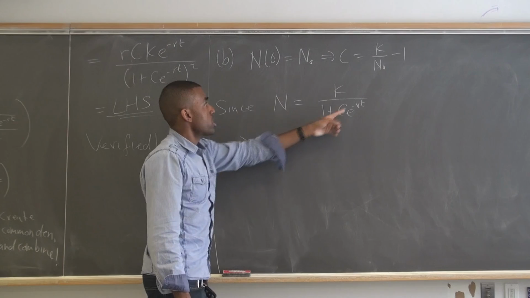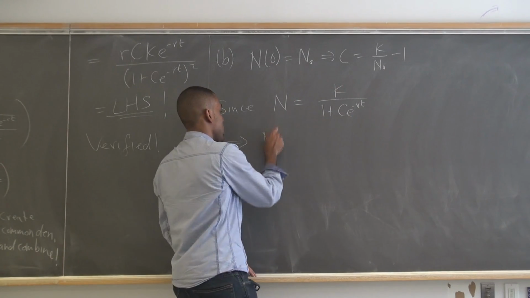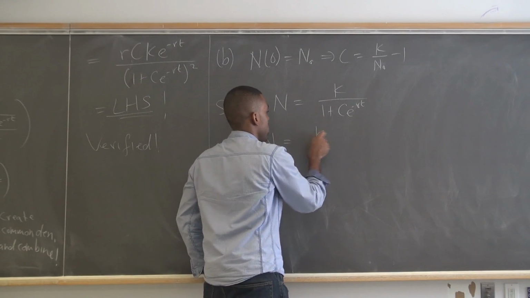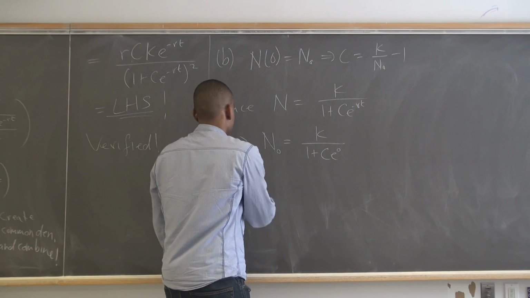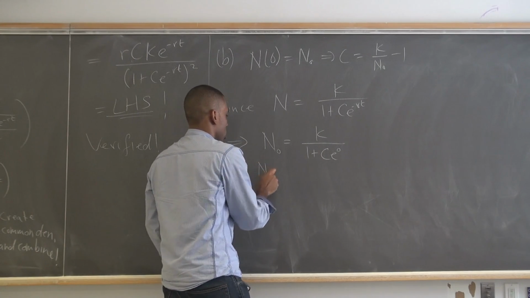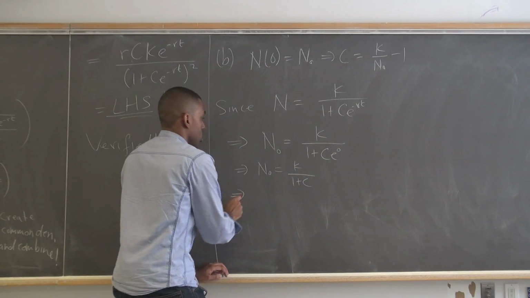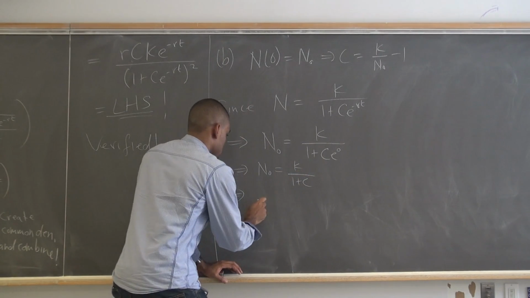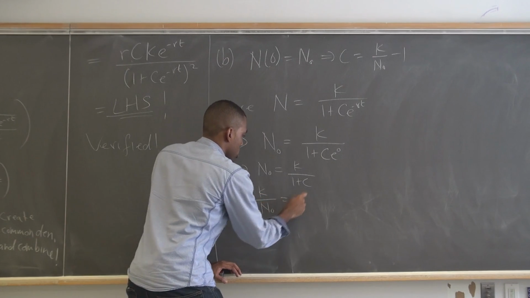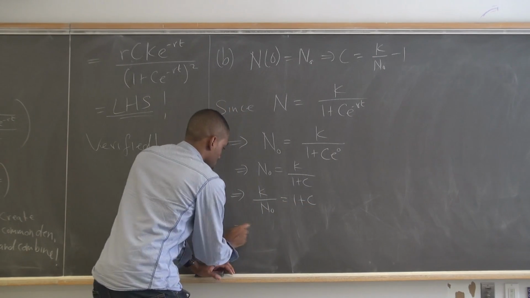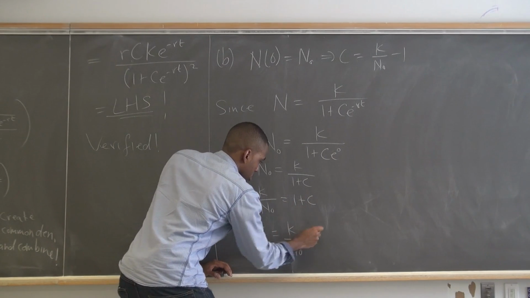When your t is 0, your n should be n naught. So n naught is equal to k over 1 plus c e to the 0, so n naught is equal to k over 1 plus c. This means that k over n naught equals 1 plus c, so c is equal to k over n naught minus 1.